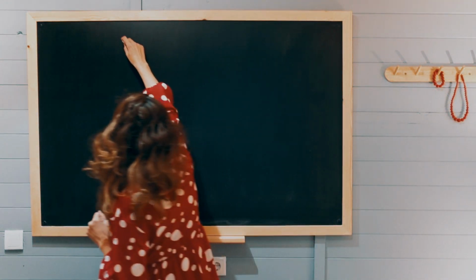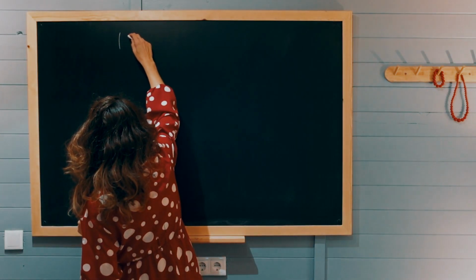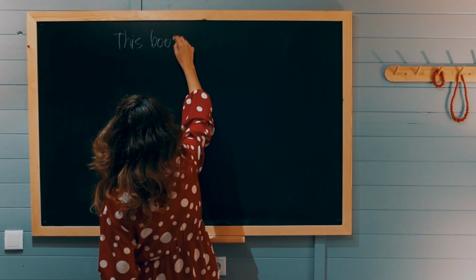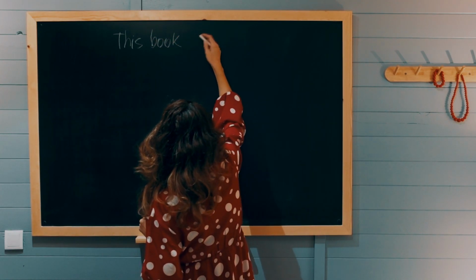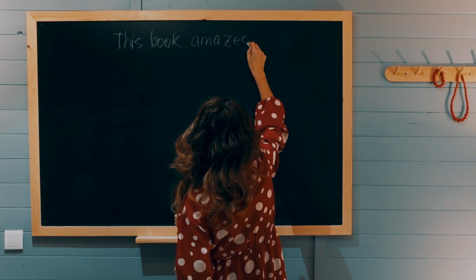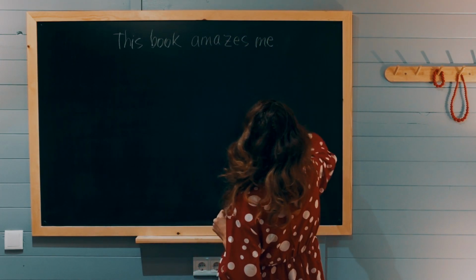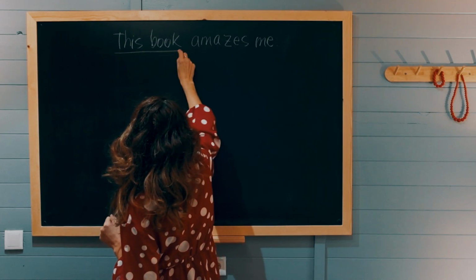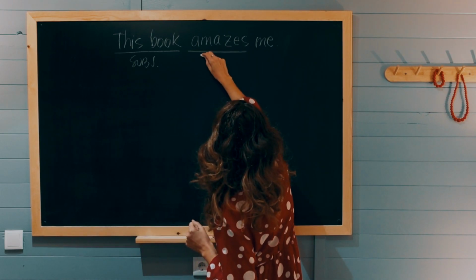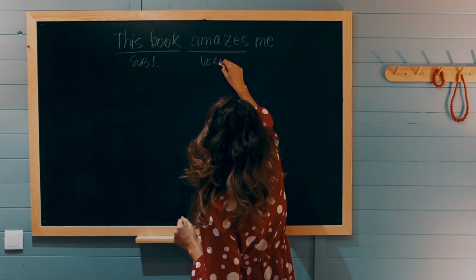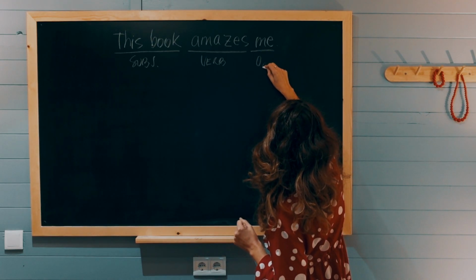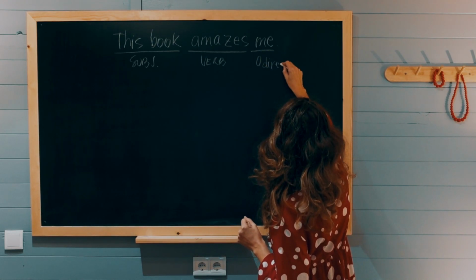If you remember, in my previous lesson, I had an example in English. This book, maybe, amazes me, okay? So we had this book was the subject, amazes was the verb, and me was the direct object, okay?